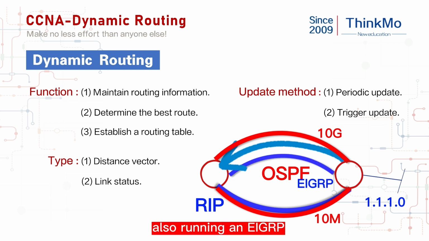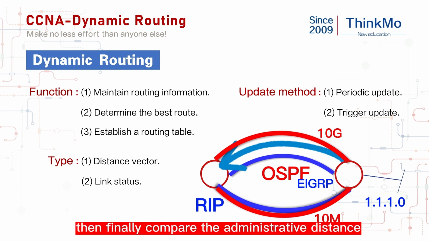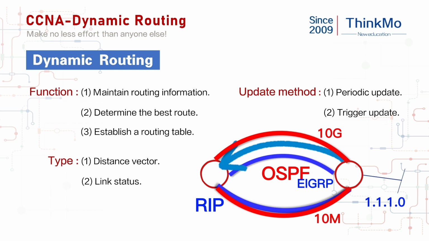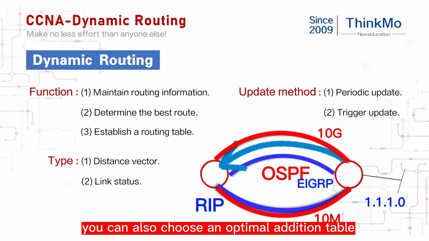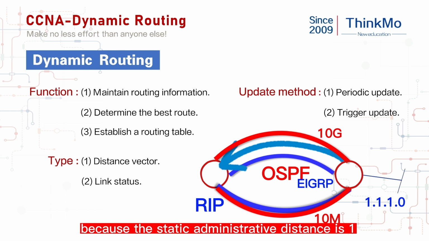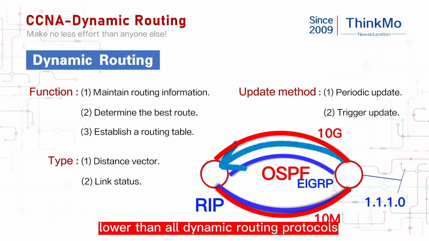Also running an EIGRP, another learned through EIGRP. Then finally compare the administrative distance of the three routing protocols and choose an optimal one to add to the routing table. So it's all a process of comparison. In the end, a static route beats all dynamic routes, because the static administrative distance is 1, lower than all dynamic routing protocols.